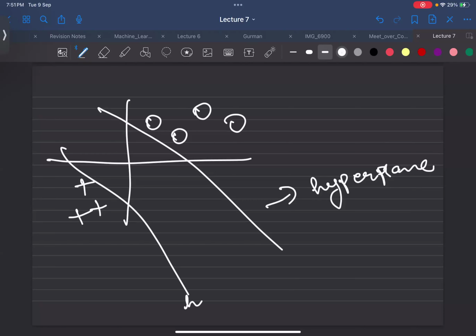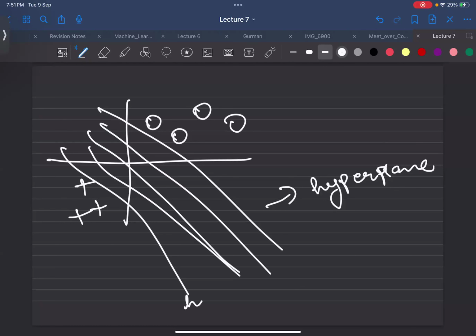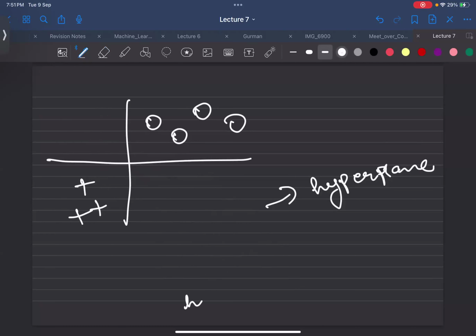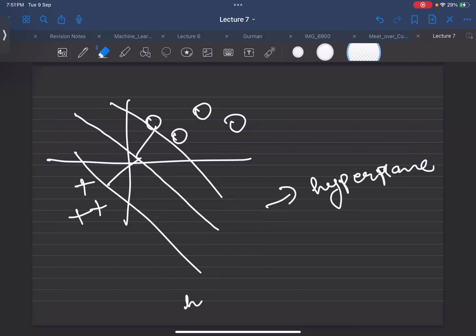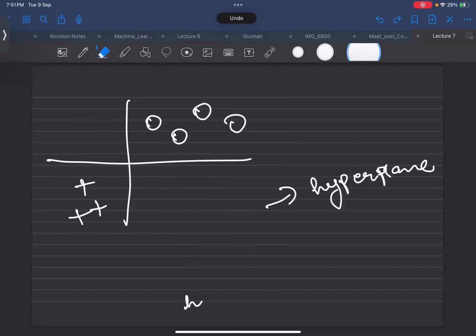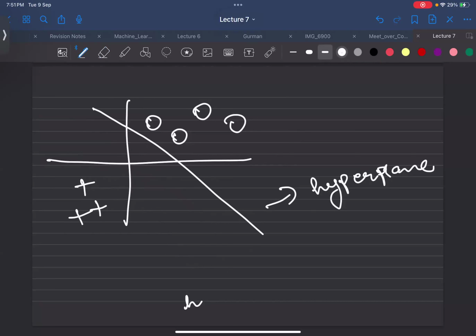Is it m margin away? That's why perceptron had many hyperplanes. Now what we are saying in SVM is that the distance should be the same from both ends, and it should be m margin away.